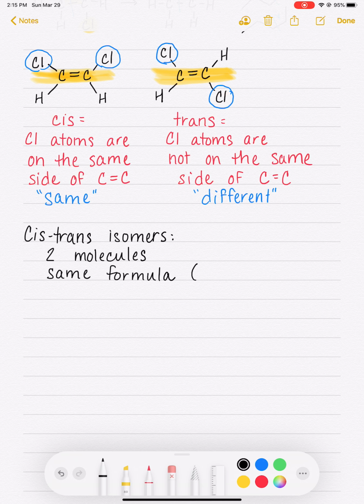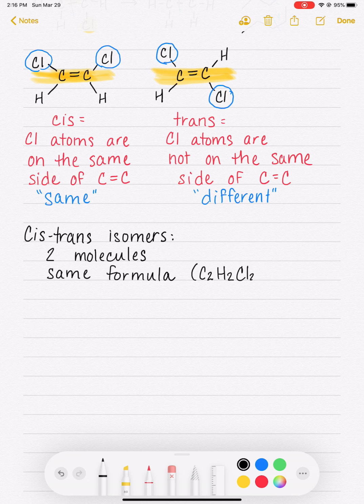So looking at our example with the chlorine, these are both C2H2Cl2. They have the same connectivity. That just means their atoms are connected in the same way.